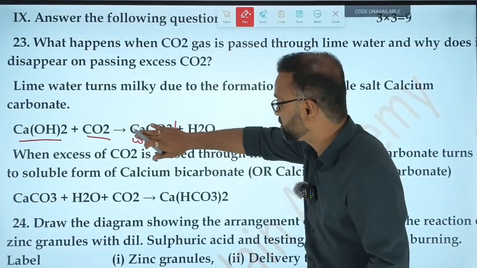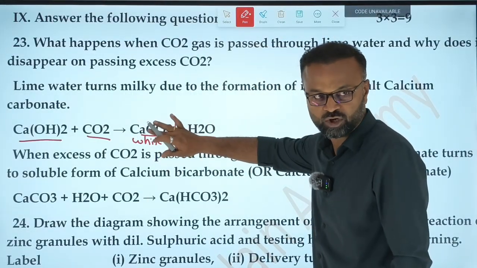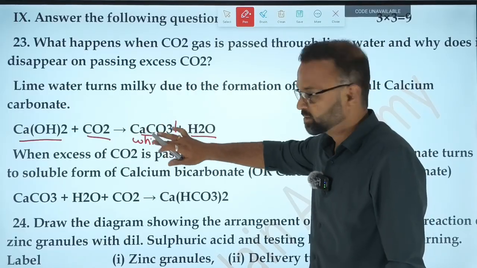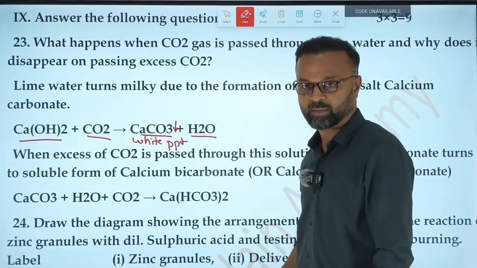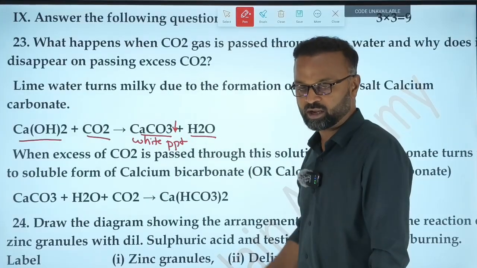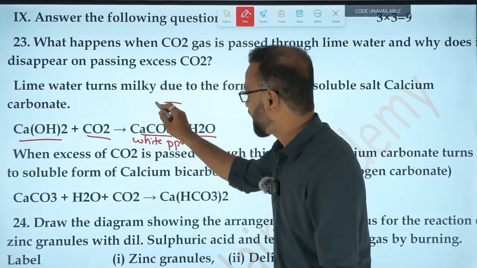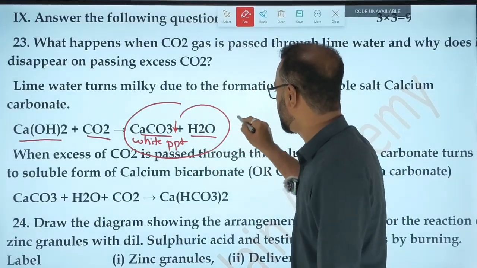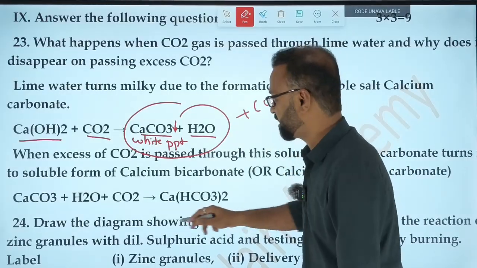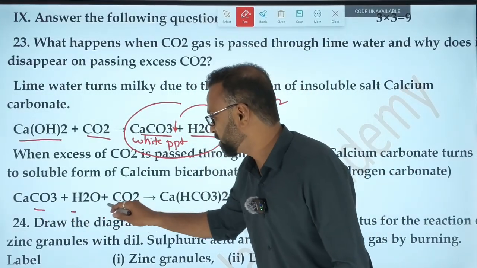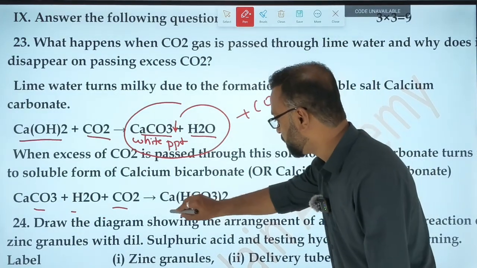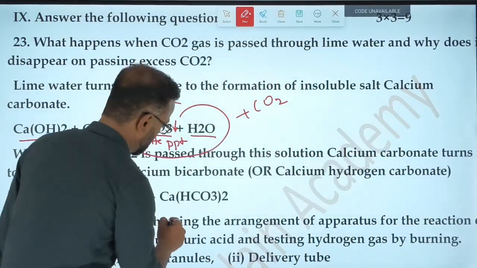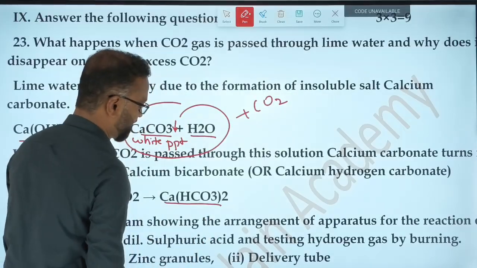Now see here. This calcium carbonate is formed over here, right? Yes or no? Yes. After formation of calcium carbonate, if you keep on passing the carbon dioxide into this solution, this calcium carbonate and water will react with the carbon dioxide. Calcium carbonate, water, again they react with the excess carbon dioxide which is passed, and they will form calcium hydrogen carbonate.